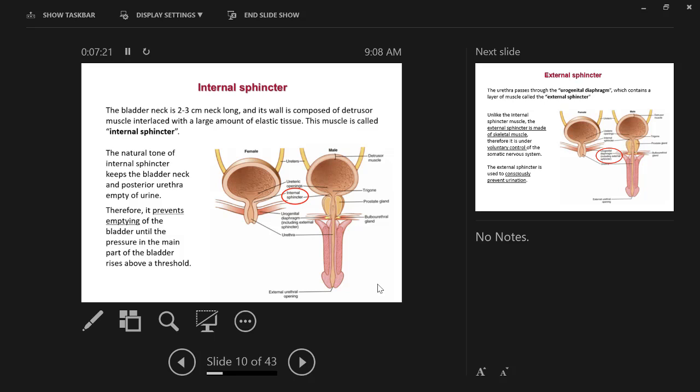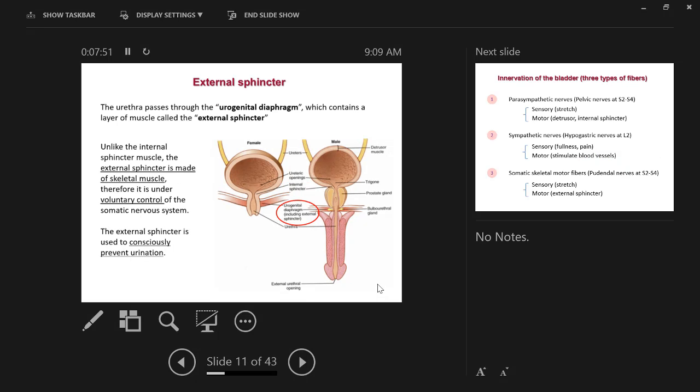It's a tonic contraction, so even at baseline this muscle is a little bit contracted. That way the urine cannot go through from the bladder, preventing emptying of the bladder until you get to the bathroom. Also, this tension helps squeeze out the leftover urine in the urethra.